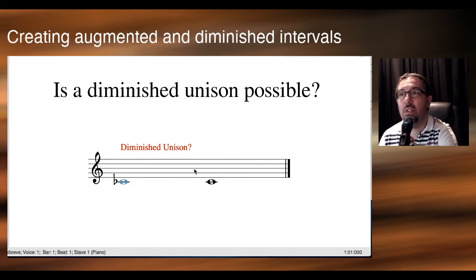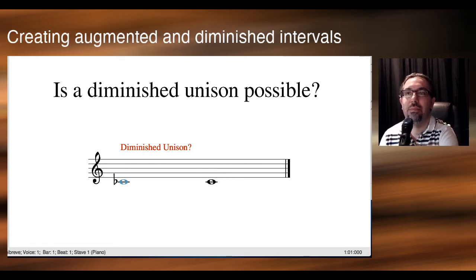Okay, so I'll leave this one just for you to think about. Feel free to comment about this one in the chat. I'm curious about your view behind this one. I haven't come to my final decision on this one just yet, although I've read a few discussions either way on whether the diminished unison does really exist or has some validity in having it as a name.